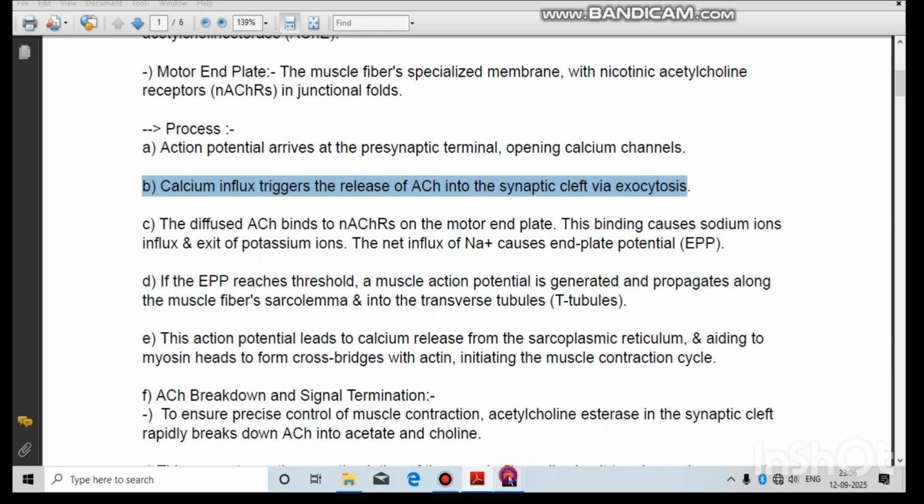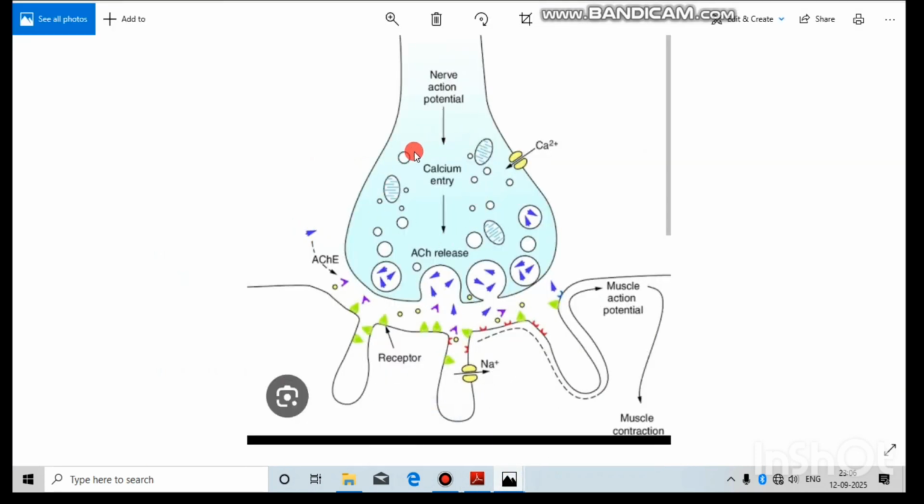As you can see in the diagram, the action potential arrives from here. As soon as it arrives, these calcium channels open up and calcium enters, and this calcium entry triggers the vesicles to undergo exocytosis. Whenever there is exocytosis, the neurotransmitters are released outside.